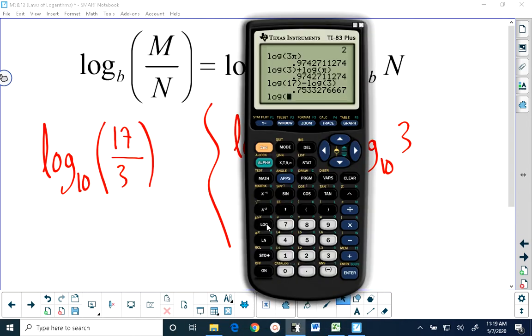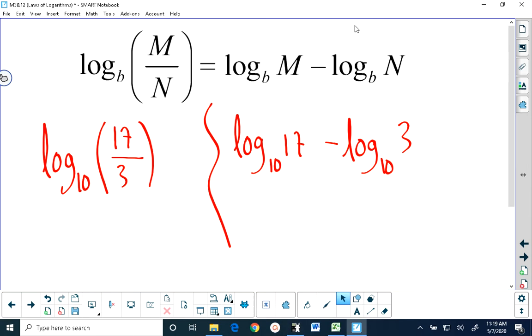If I take the logarithm of 17 divided by 3, and that means it's going to divide 17 by 3 and then take the logarithm, I get the same answer. So that's the meaning of the quotient law. And all of these laws, I'm demonstrating the truth of them to you by using a common log, but it doesn't have to be a common log. If we had a way to calculate log base 3s and log base 7s and log base 0.5s, we would find the same thing would happen.